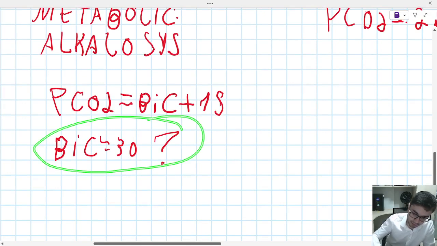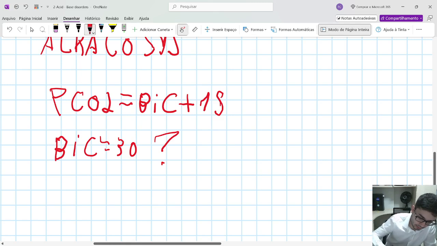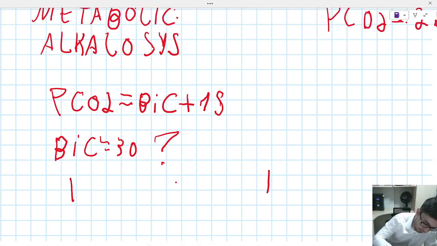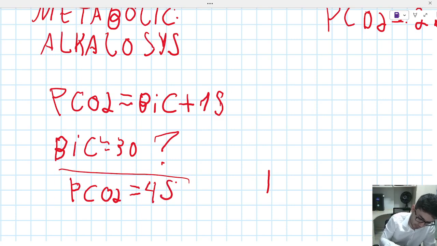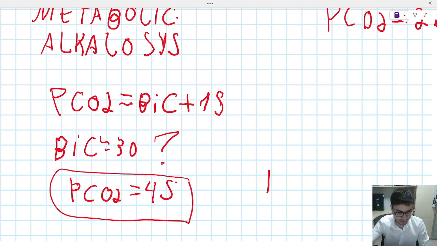If we have a bicarb of 30, the PCO2 will be equal to 30 plus 15, which is 45. This will be the value for the PCO2.